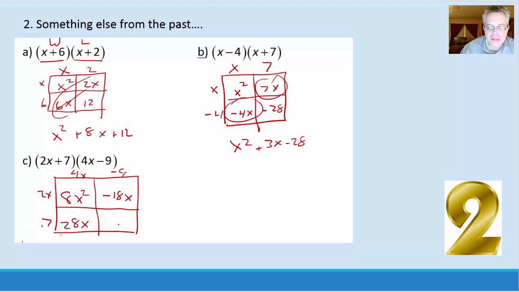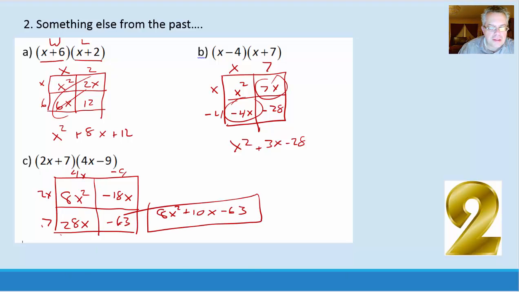And 7 times negative 9 is negative 63. So when we add them up, we get 8x squared. 28 minus 18 is plus 10x. And then minus 63. There we go. That's what we get when we multiply those two binomials.